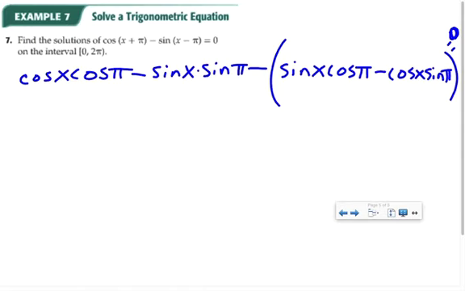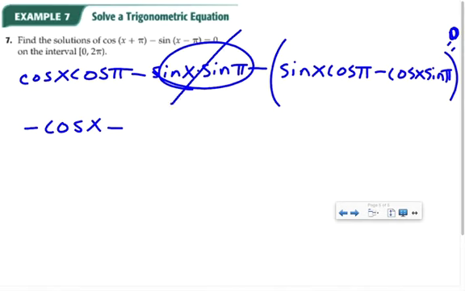So cosine of pi is -1. So I have negative cosine of x minus, well, the sine of pi is just 0, so this is gone. So minus the sine of x times the cosine of pi.